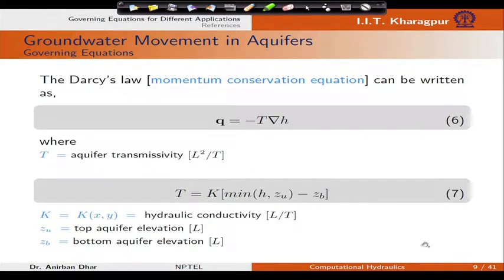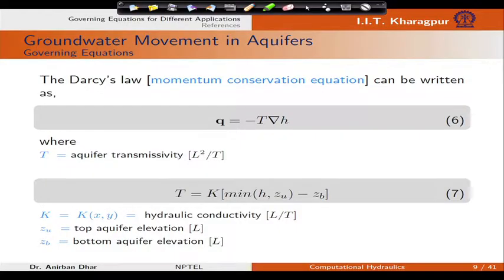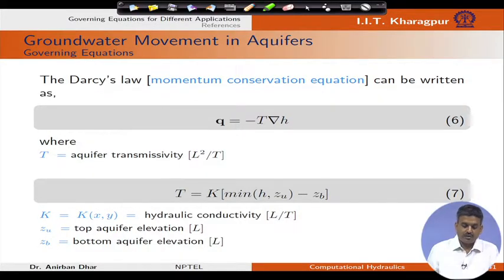Now, for the momentum equation in aquifer flow, Darcy's law is the momentum conservation equation, where Q is the Darcy velocity or Darcy discharge vector, T is the transmissivity, and K is the hydraulic conductivity.